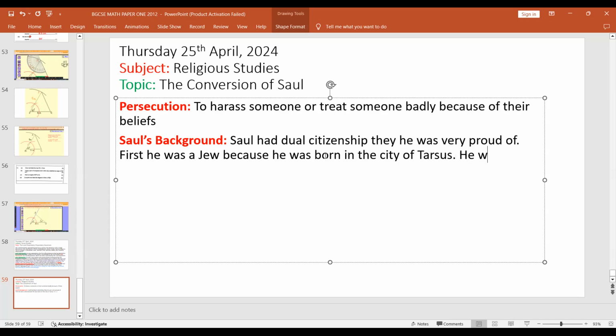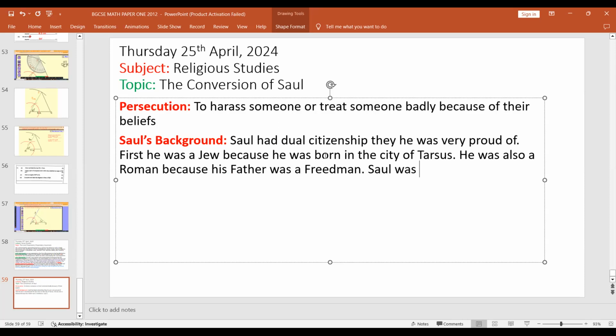He was also a Roman because his father was a freedman. So he was a Jew and a Roman, right?